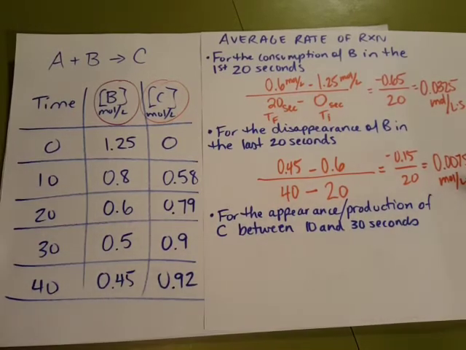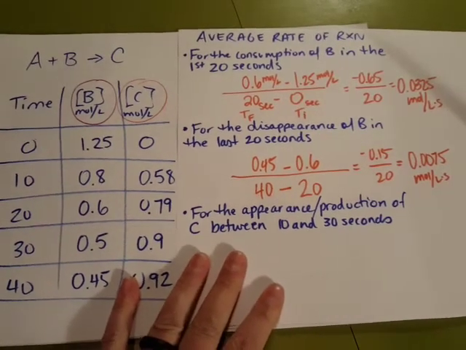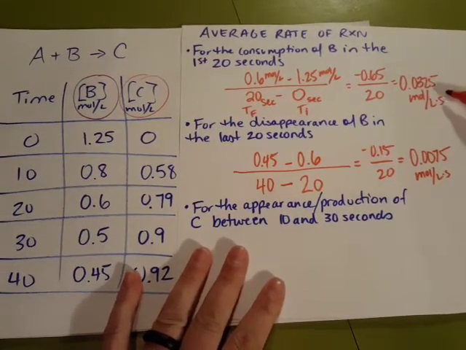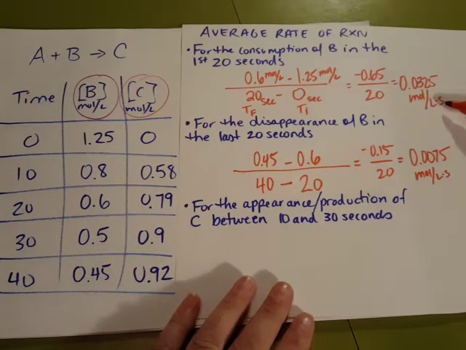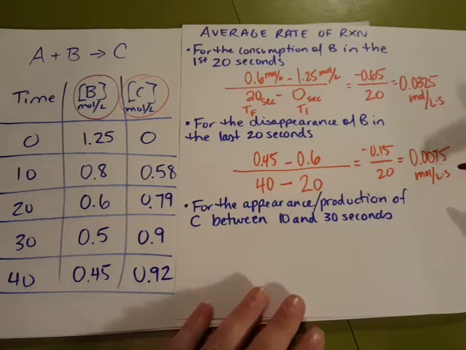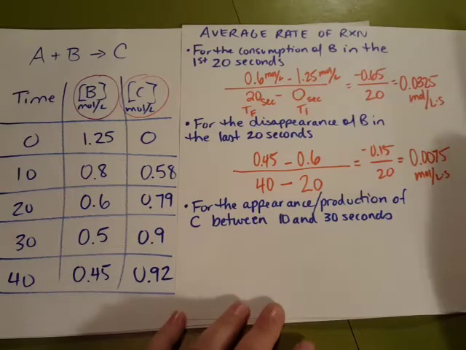And so if you look at these two values, 0.0325 and 0.0075, we would say that the top one is faster. There are more moles per liter being consumed every second than in the last 20-second period.